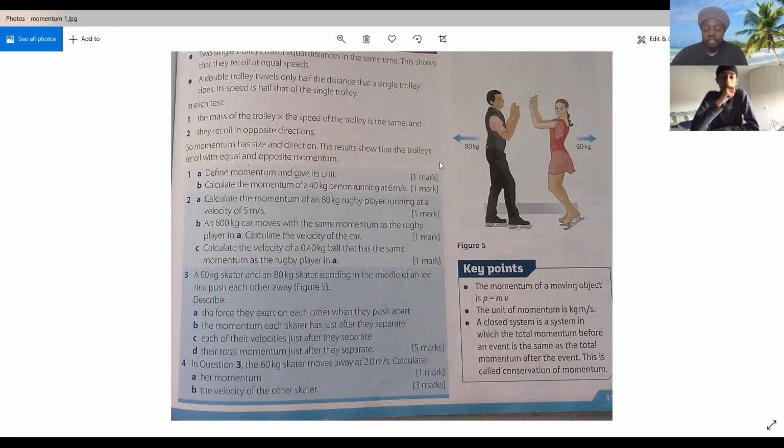So we say that the momentum before something happens, before an event, is always the same as the momentum after an event. Normally when you talk about an event in physics, we're talking about either a collision or an explosion, so to speak. Those are classed as events.